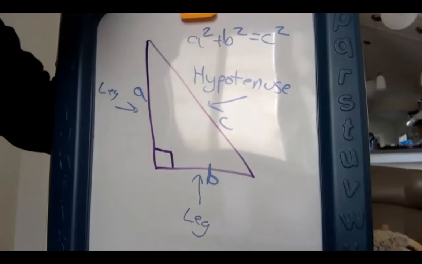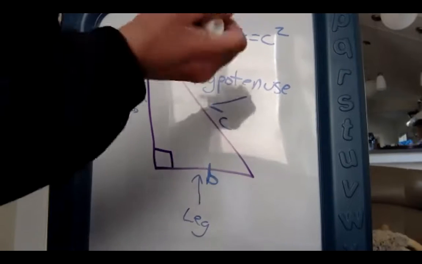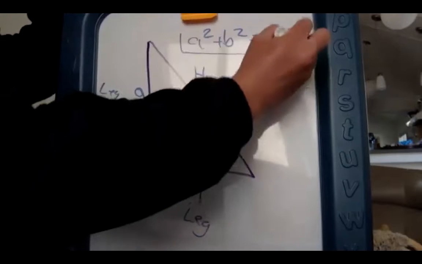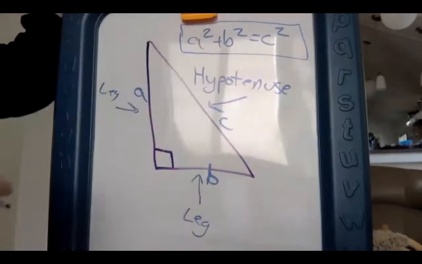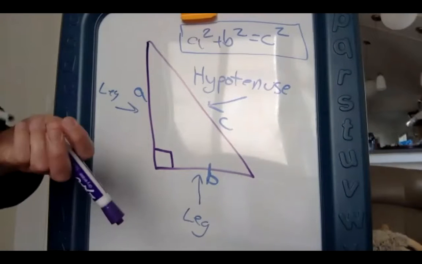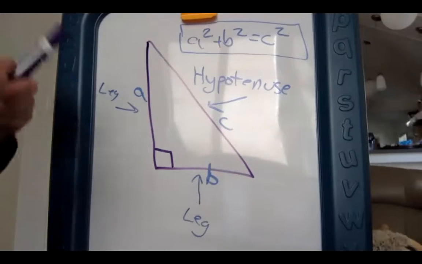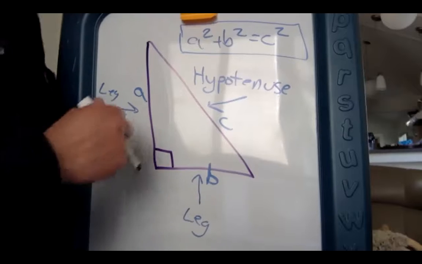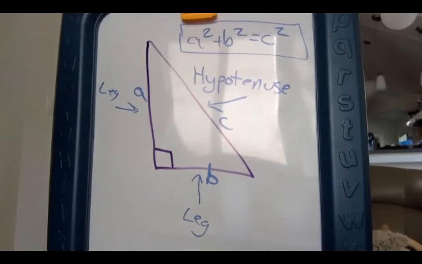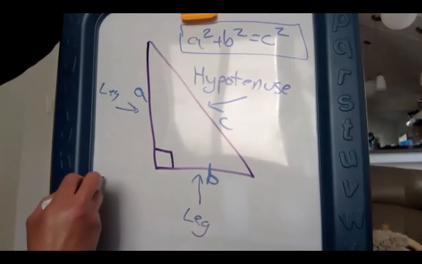I'm going to give you a minute to get this written down. This is the Pythagorean Theorem right here. I'm going to leave that up there. I'll write how it's spelled down here.